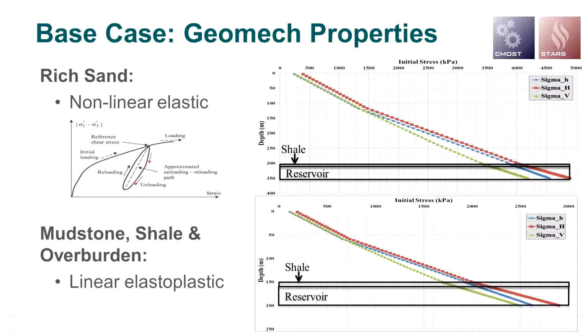On the right-hand side, I'm showing you the different stresses, the 2 horizontal stresses and the vertical stress with depth in 2 pictures. The top picture is showing you the distribution of stress in the deeper reservoir, which is 300 meters deep. And we ran another case with a shallower reservoir, which was 150 meters deep. For both of them, we summarize our observations, which you will see in the next few slides.